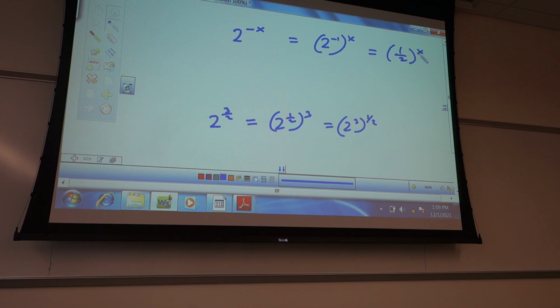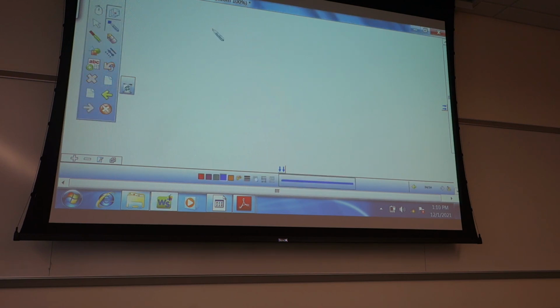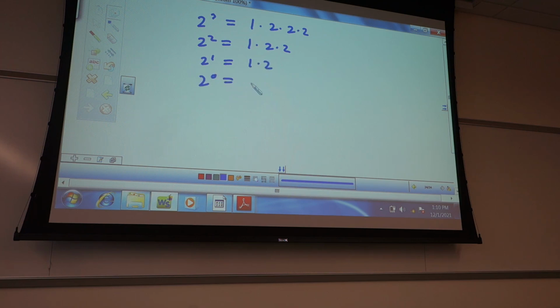Use the reciprocal, right? 2 to the 3rd is 1 times 2 times 2 times 2. 2 to the 2nd, 1 times 2 times 2. 2 to the 1st, 1 times just 2. 2 to the 0, 1 times no 2's at all. 2 to the negative 1, now we do the opposite of multiplying, we divide: 1/2. 2 to the negative 2, 1/2 divided by 2, 1/4. Folks remember that a negative exponent means you divide by it instead?